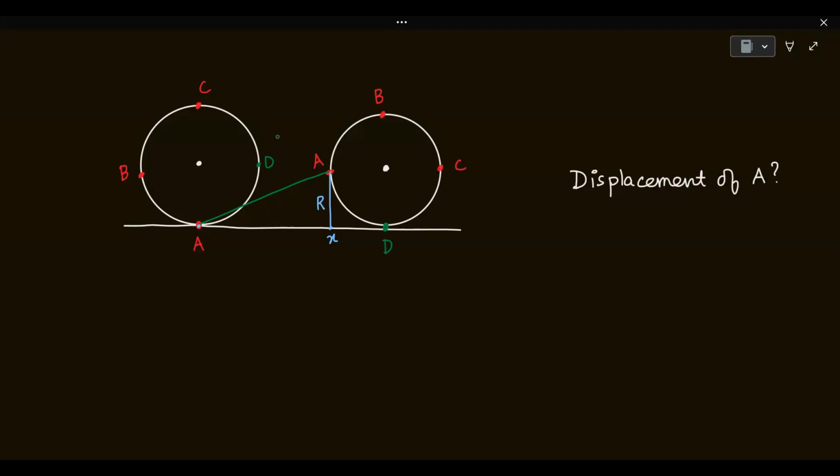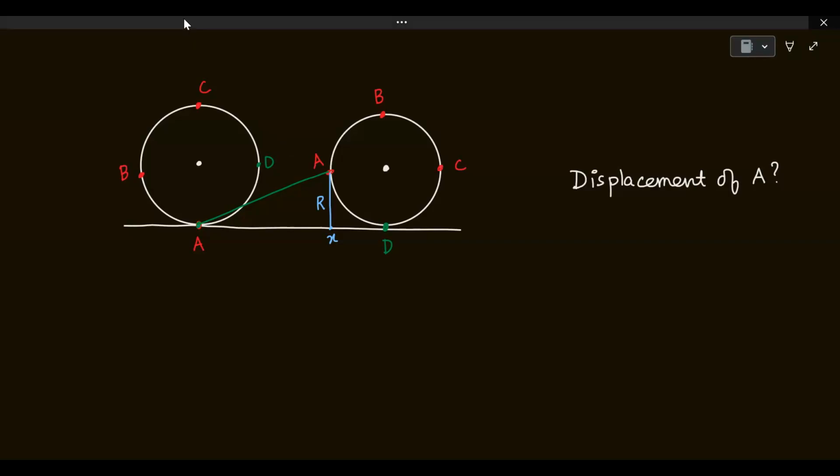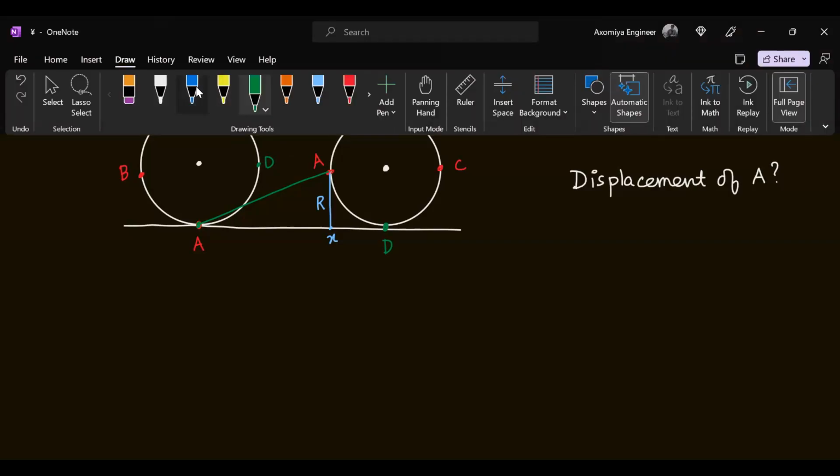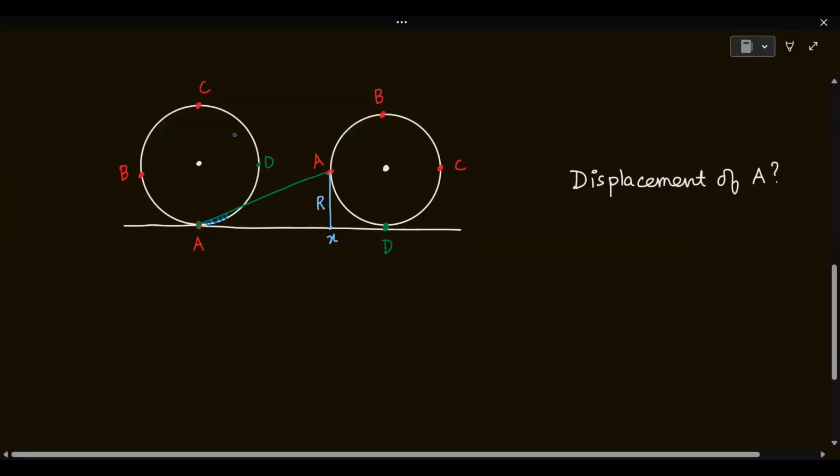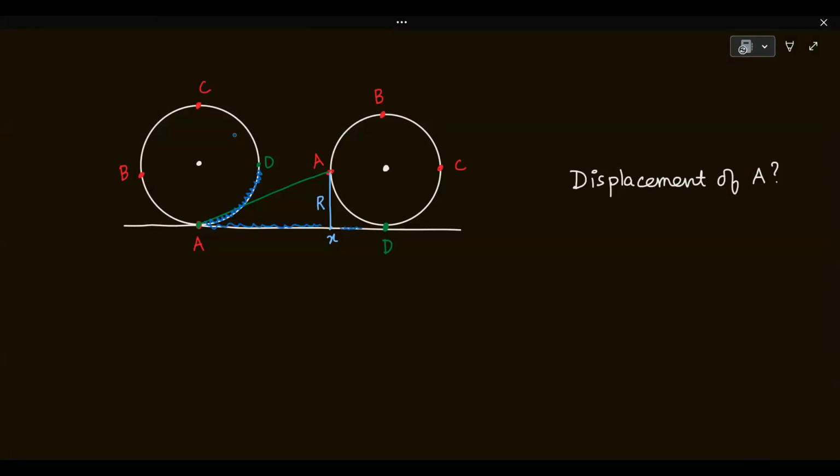Now, if this thing is rolling down, I know the distance A to D. Why? How do I know this? Because it rolled down, I know that this length A to D will be the same along this road A to D. Yes or no? It's not looking the same because I have made it a little bit farther away than it should be.